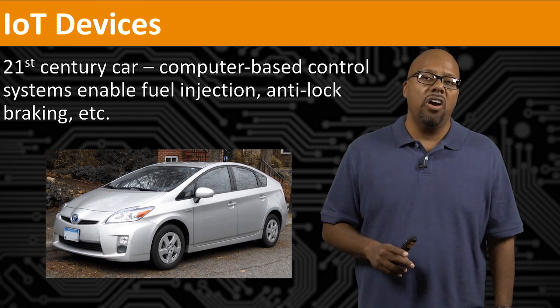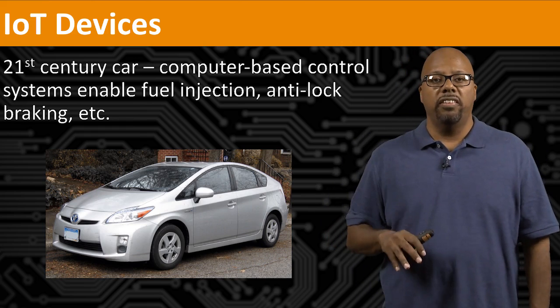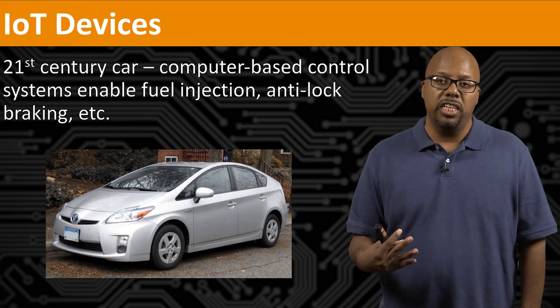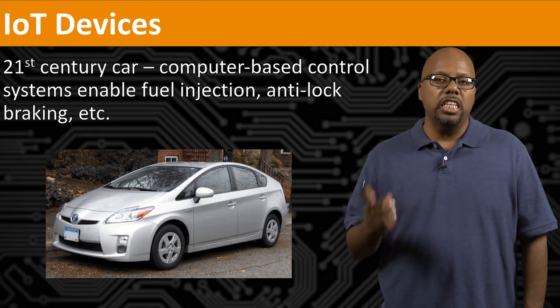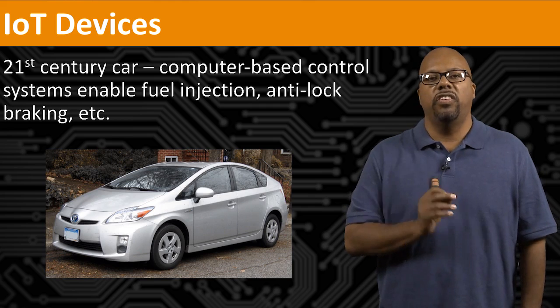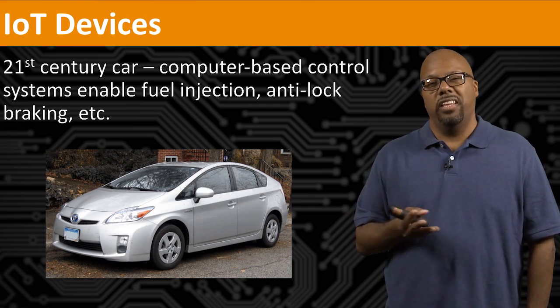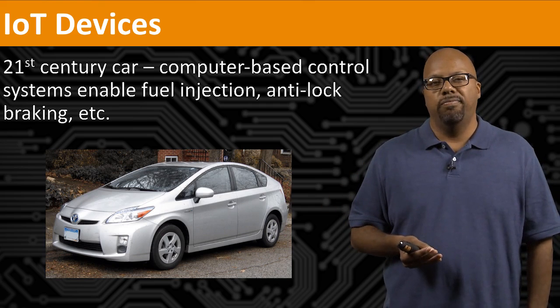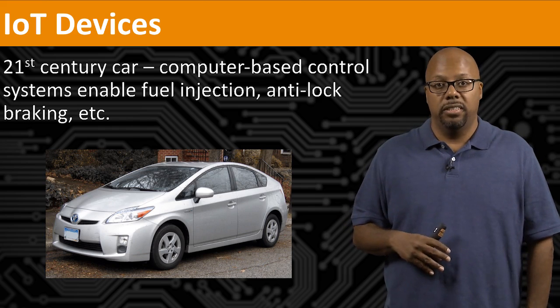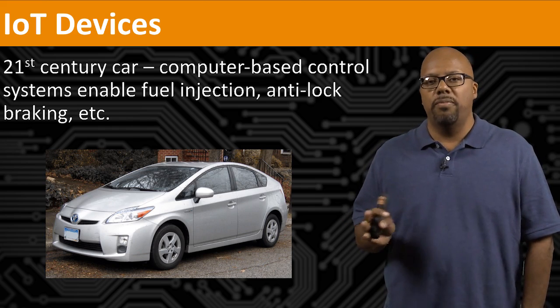But the thing you notice about this device is that even though it has this computational intelligence, it has the same basic interface as that 50s car. So you drive this car pretty much the same way. The 50s car probably had manual transmission, I'm going to guess, because it's the 50s, and this will have automatic transmission.